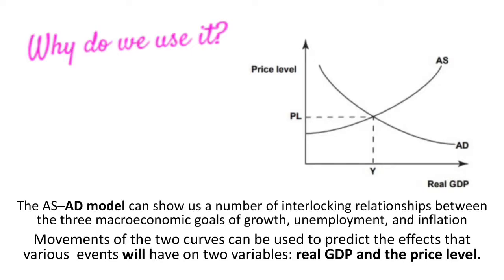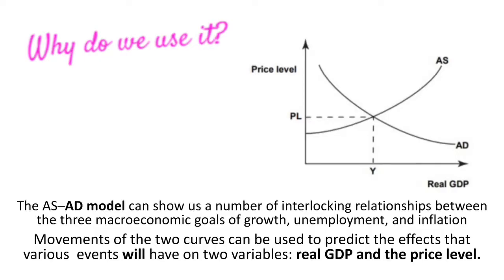We'll learn about real GDP more next. This is how we measure if real GDP is going up or down. We use that x-axis, and then we also use the price level. So price level and real GDP are always going to be on those axes.